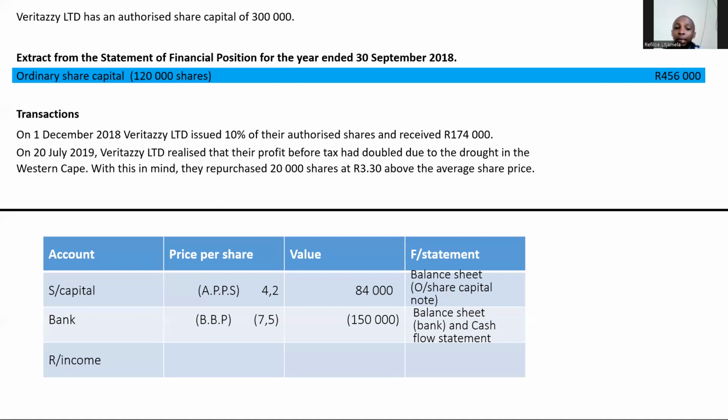But we paid the shareholders 7.50 for us to get the shares that we issued to them back. That means we as a company made a loss, and the loss that we have made will simply be 3.30 rand, which is the one that was given to you in this question. In total, our loss will simply be 20,000 times 3.30 rand, which will give us 66,000. That 66,000 is a loss that we need to deduct from our retained income.